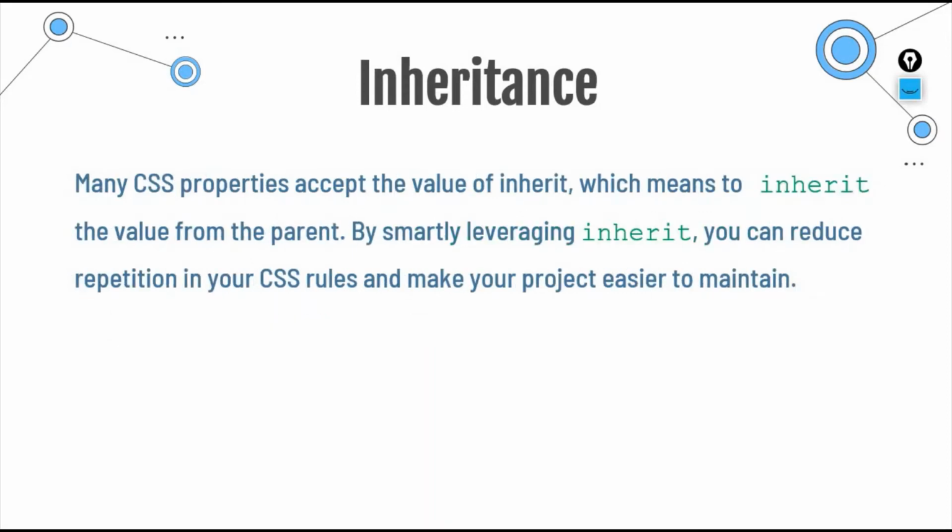Inheritance can be explicitly leveraged. Many CSS properties accept the value of inherit, which means to inherit the value from the parent. By smartly leveraging inherit, you can reduce repetition in your CSS rules and make your project easier to maintain.